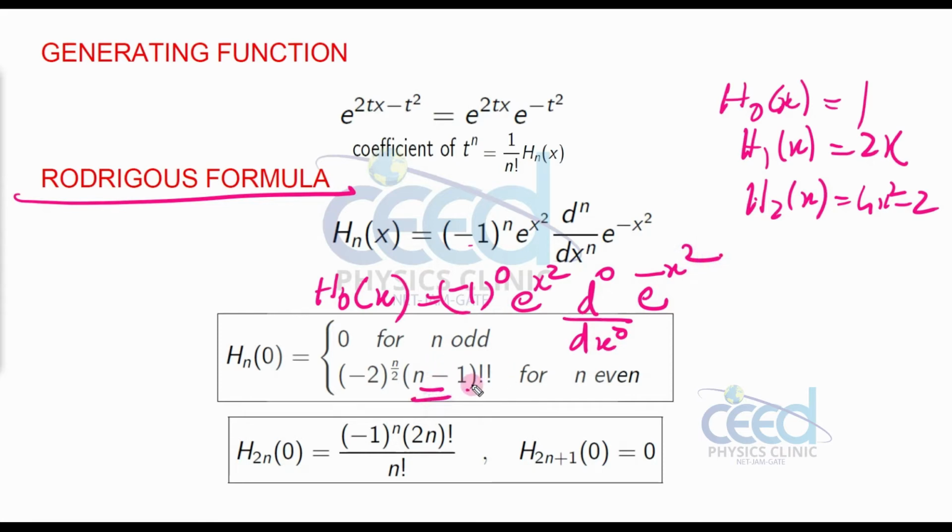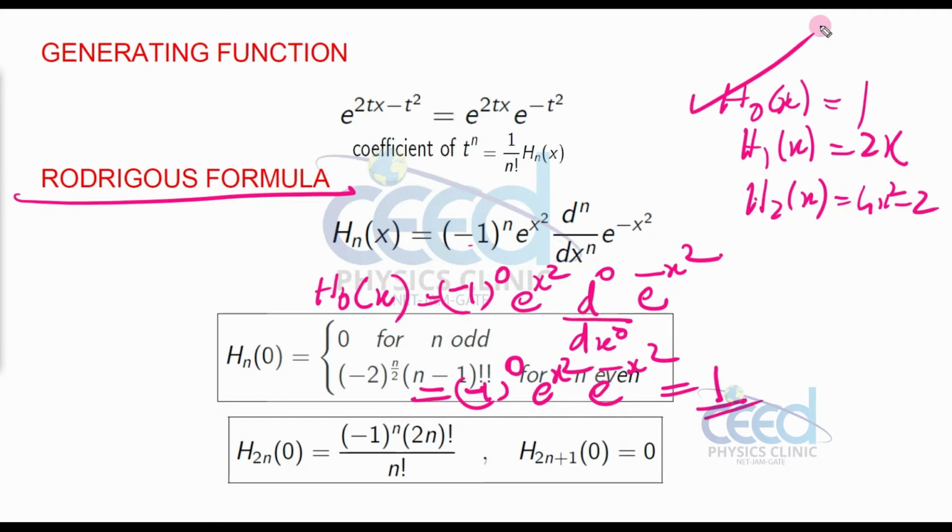So that is equal to minus 1 raised to 0, e raised to x square into, so this is no differentiation. That means e raised to minus x square itself, this will cancel, and minus 1 raised to 0 is equal to 1. So we got H0 of x is equal to 1.